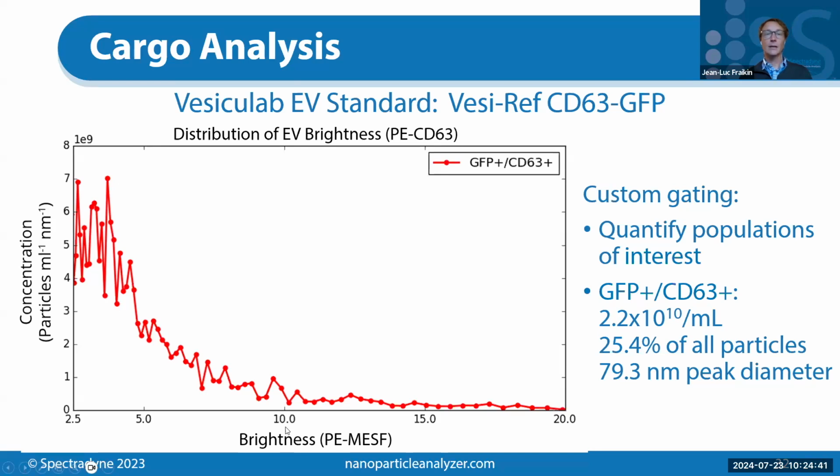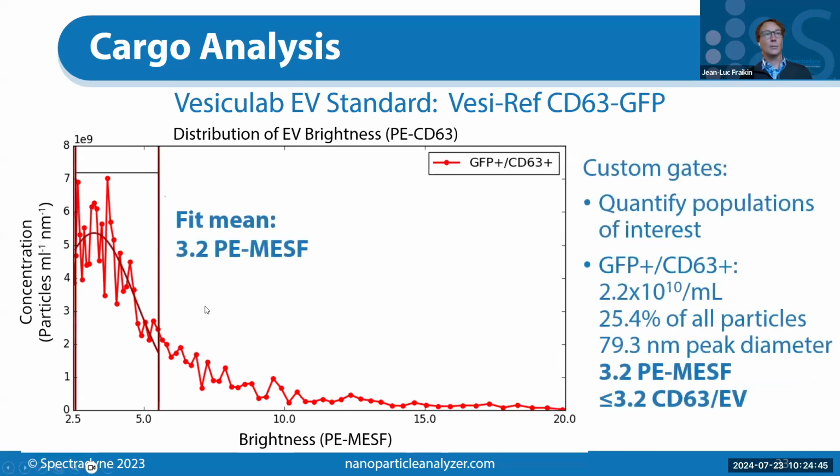So we can also relate that to the physical situation, right? So we look at this population. Remember, this is the double positive population. We see that the majority of the population here has a brightness of about 3 PE-MESF. That means the majority of the particles are about as bright as 3 free-floating molecules of PE in solution.